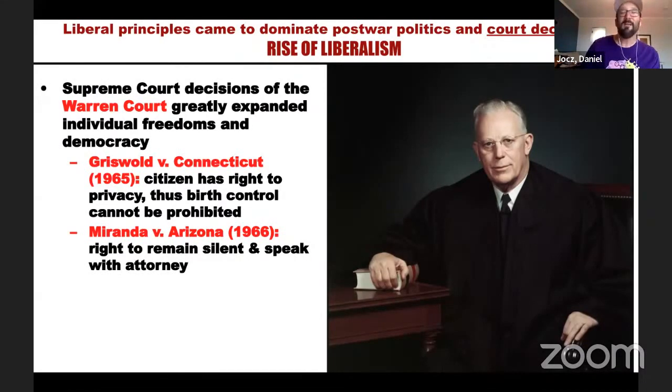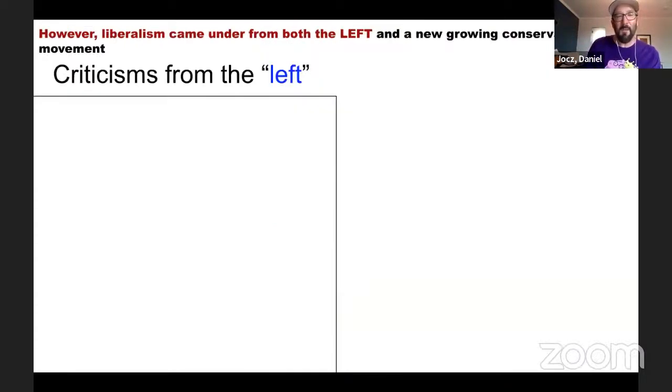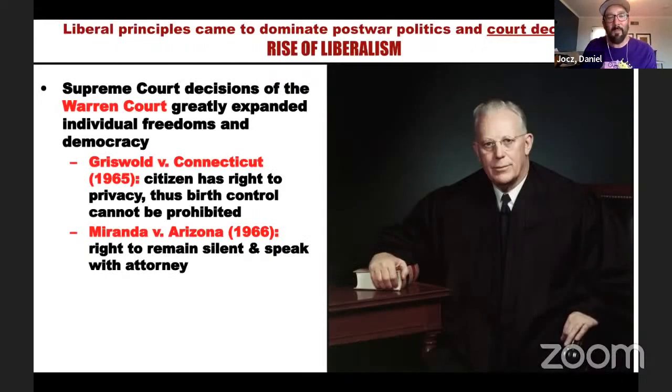And if you're not, you have a good chance of getting out of whatever they arrested you for. And then the big moment happens a little bit later, not under the Warren Court, with another decision, Roe v. Wade, which continues to be part of the national discourse. People don't agree with the issue of abortion and its constitutionality.